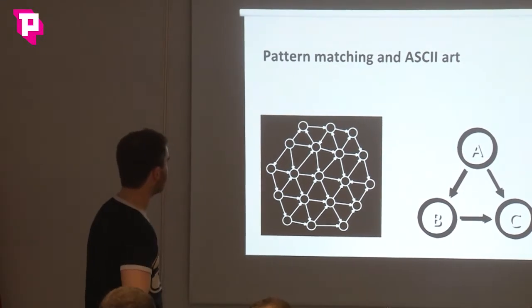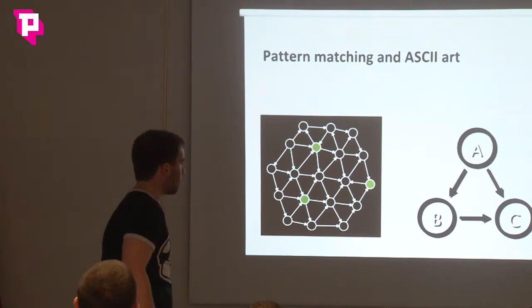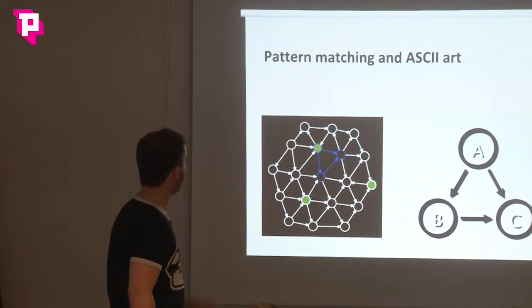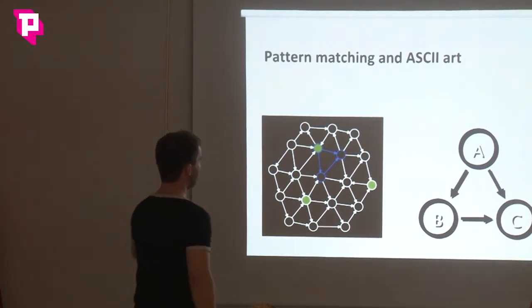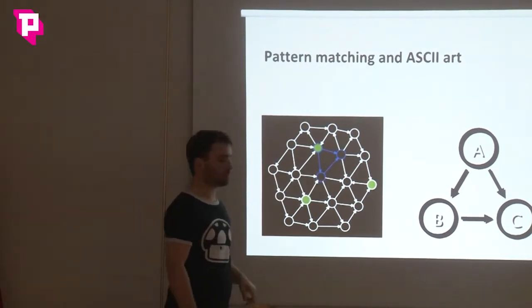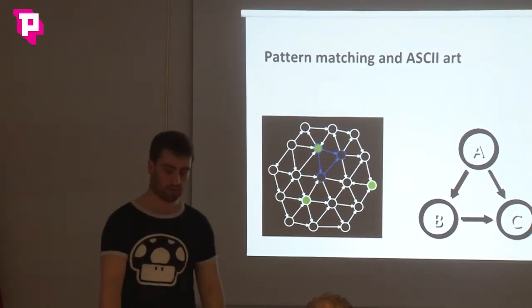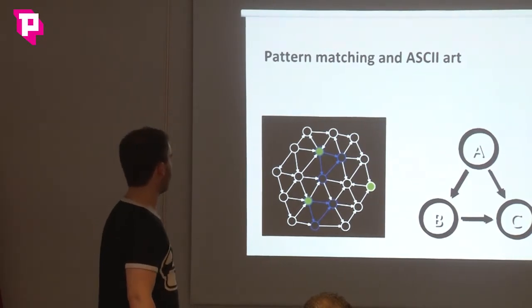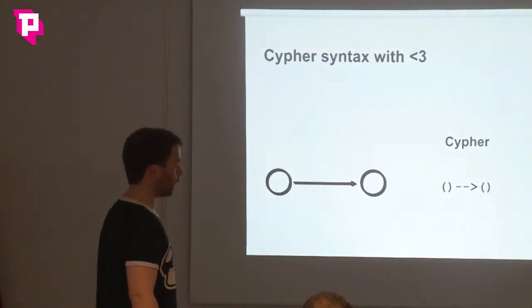It will find starting points, this one for instance, and it will compare, okay, how can I find this pattern? Oh, this matches, alright. These nodes go to those nodes and there is a link like that. Yeah, it works. I will do that, and so on. Same here. And in the end I will have gathered the results. That's basically pattern matching on graphs.